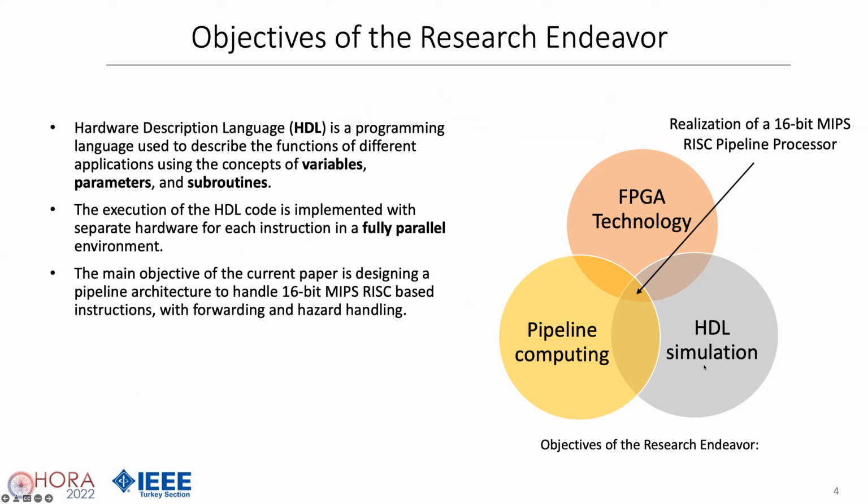The execution of the HDL code is implemented with separate hardware for each instruction in a fully parallel environment. The main objective of this paper is designing a pipeline architecture to handle 16-bit MIPS RISC-based instructions with forwarding and hazard handling.